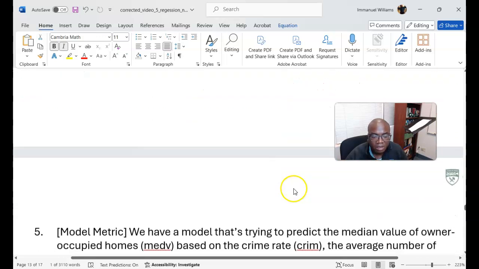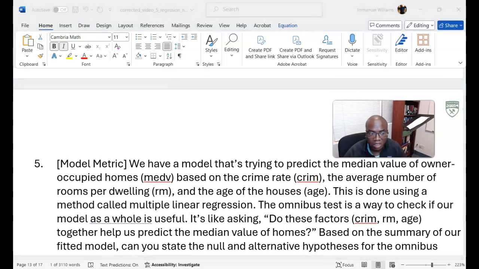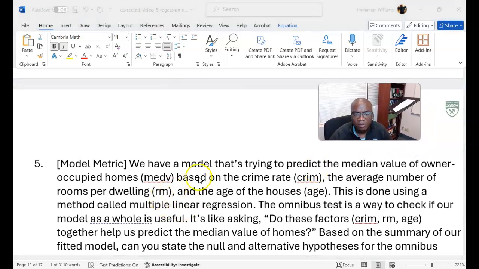All right. So question number 5. We have a model that's trying to predict the median value of owner occupied homes based on the following explanatory variables. This is done using multiple linear regression. The omnibus test. So now it's time to talk about that F value. The omnibus test is a way to check if our model as a whole is useful.